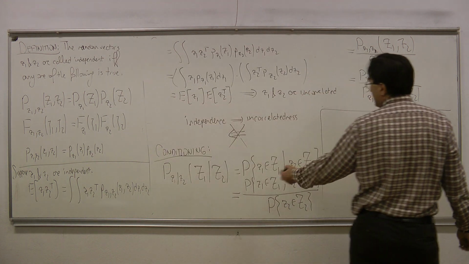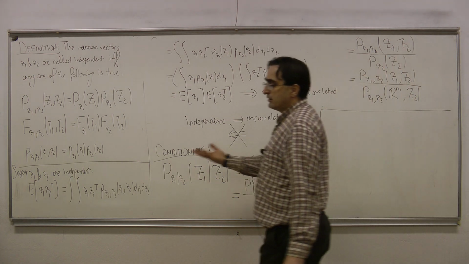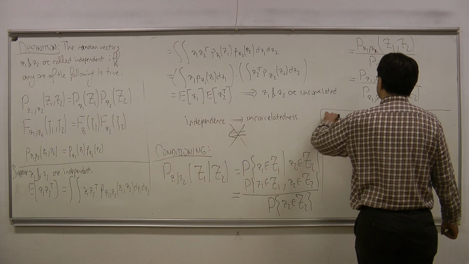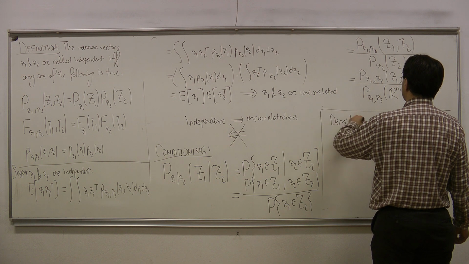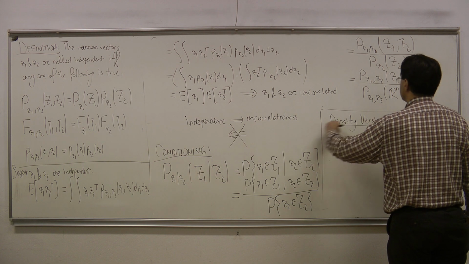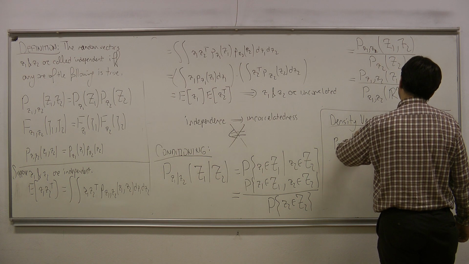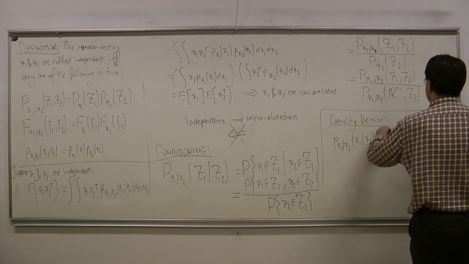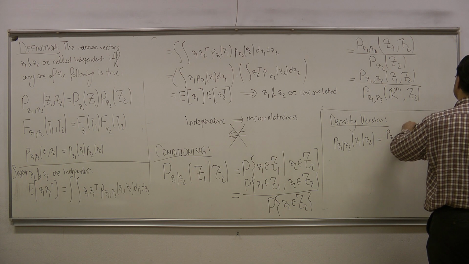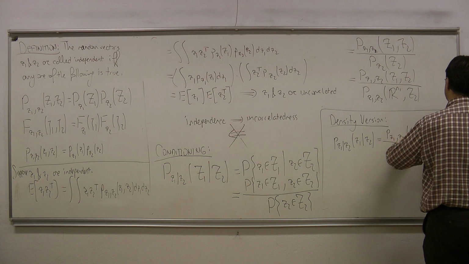So I will not write the CDF version of this rule. I will directly go into the PDF version. So the PDF version, so the density version, which is going to be more useful for us, and it is what is usually used. So this is the density version. Okay? So I have P Z1 given Z2, Z1 given Z2 is equal to, in general, the joint distribution, joint PDF, divided by the PDF of the variable in the condition.